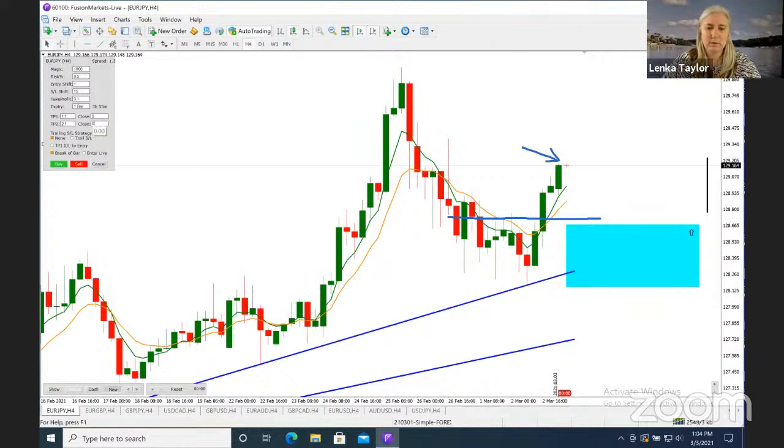I will close half the trade then. No trailing stop. If TP1 gets hit, I want to move the stop loss to entry. So I will tick that.